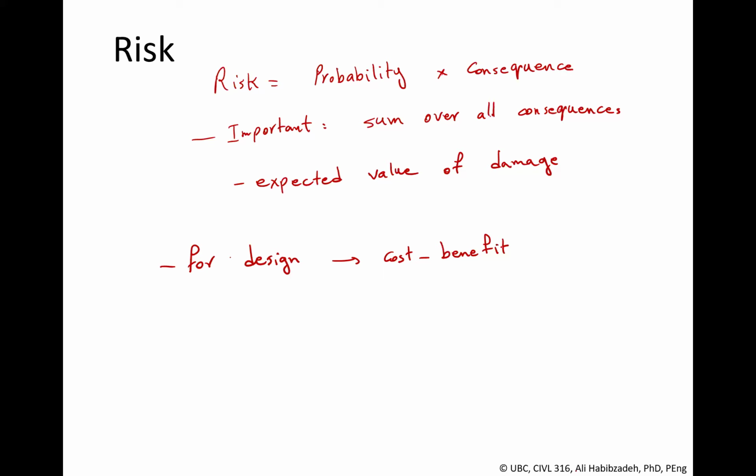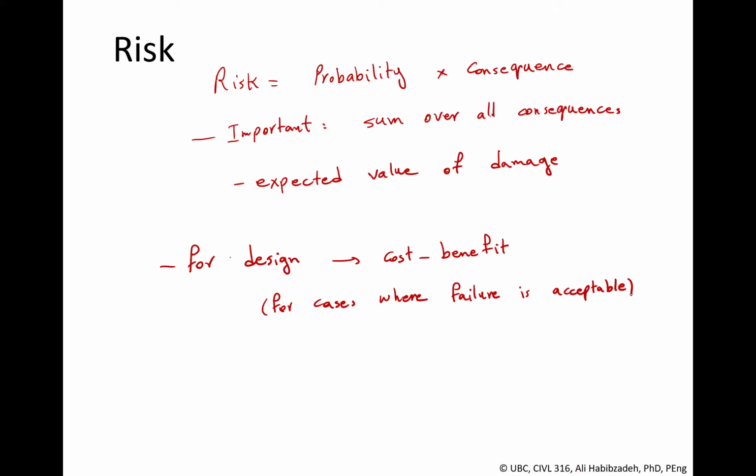Just keep in mind this is for cases where failure to some extent is acceptable, meaning that we know we cannot entirely avoid failure. It's not okay, we have to deal with it, but we deal with that. Again, as I said, in some cases, like a large dam or large infrastructure, failure is not even acceptable. So we don't really do this. We look for the worst case scenario.